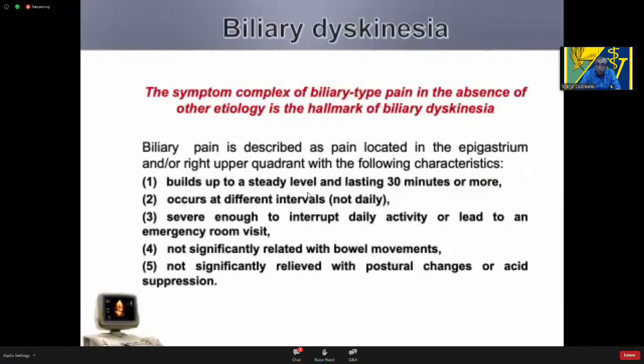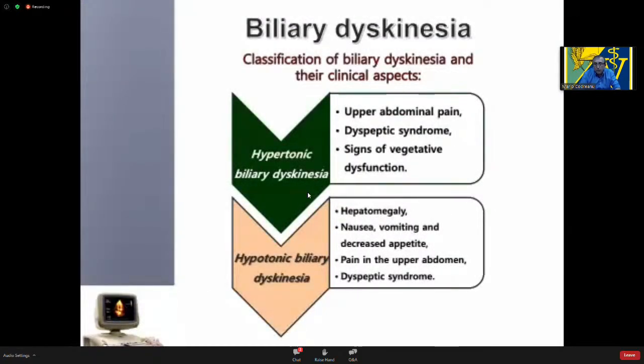But it's important to know that in not all the cases is it significantly related with the bowel movements. Also, in addition to this, it is not significantly relieved with postural changes or specific suppression of the gastric juice, and not only.